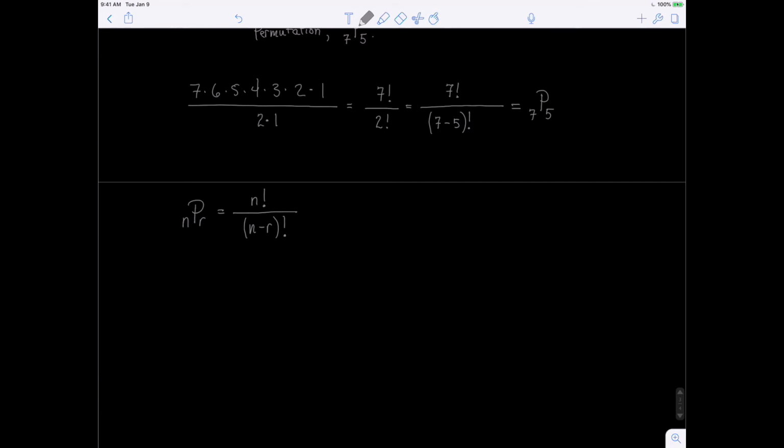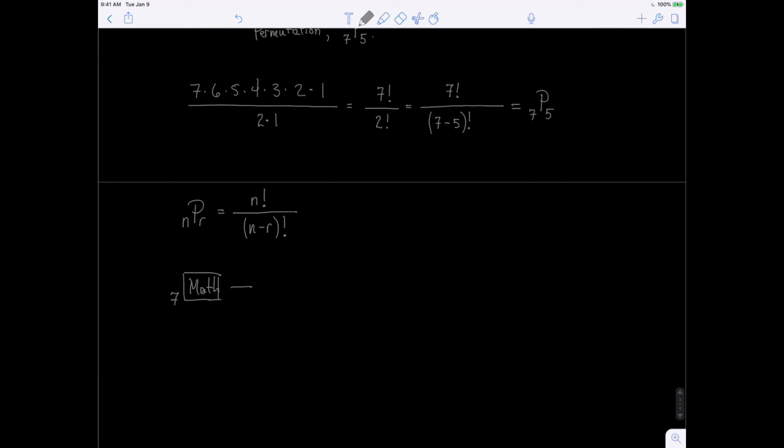In your calculator, you can do this as well. You type 7, then press the math button in the upper left region.